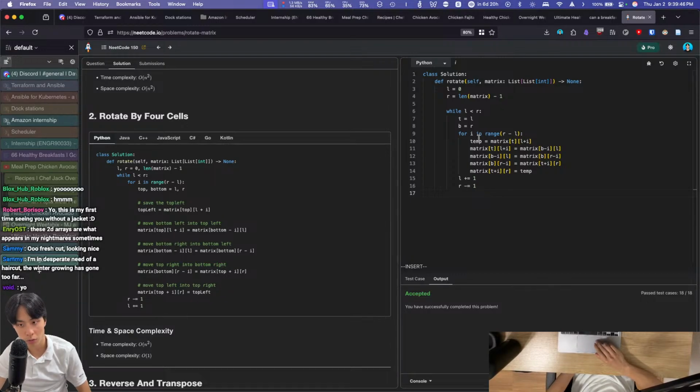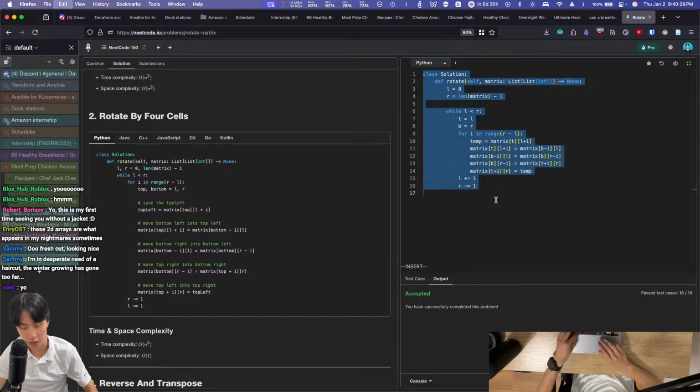So a temporary variable, for i in range, top, bottom, temp equals matrix top L plus i. Matrix top L plus i is equal to bottom i L, matrix bottom R i. Same thing. Very good. That's exactly the method.